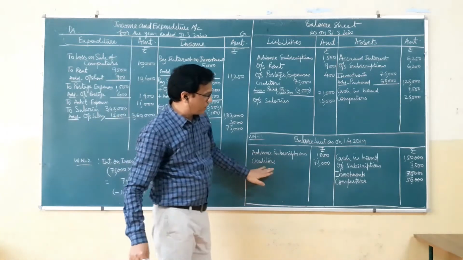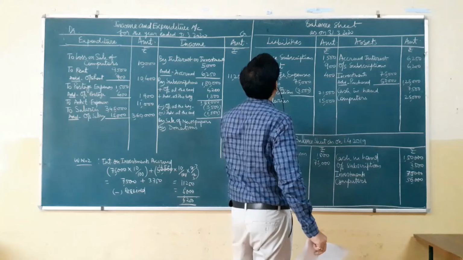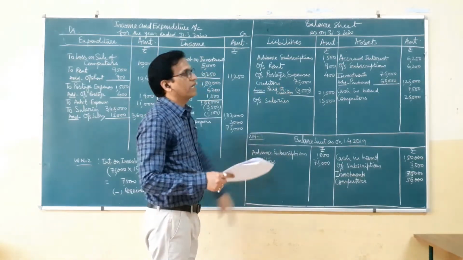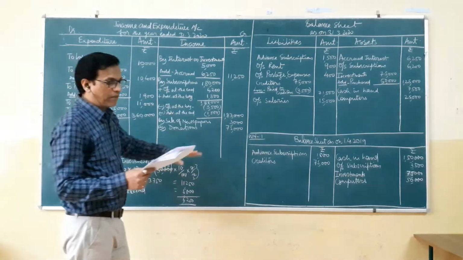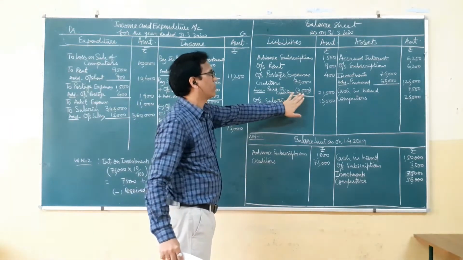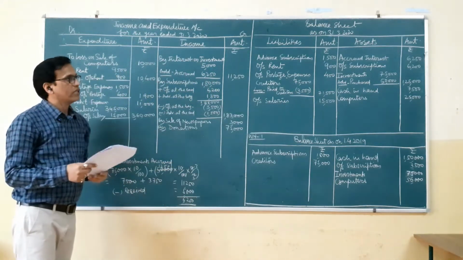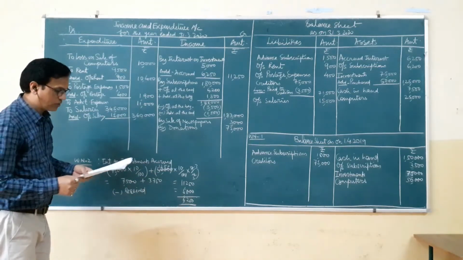So we have taken it in the opening balance sheet, 75,000 rupees creditors, and in the closing balance sheet we have taken creditors 75,000 rupees, and there was an item on the payment side of the receipts and payments account that payment to creditors was made of 3,500. So we have subtracted the creditors' payment of 3,500 there. So creditors in the closing balance sheet are 71,500.